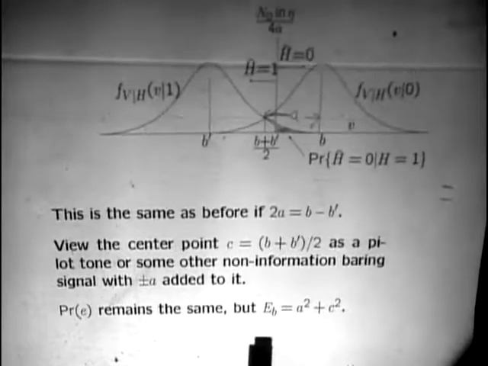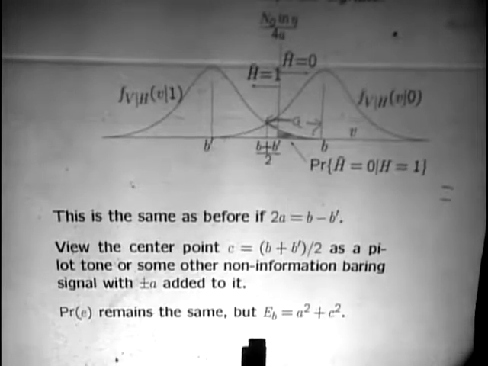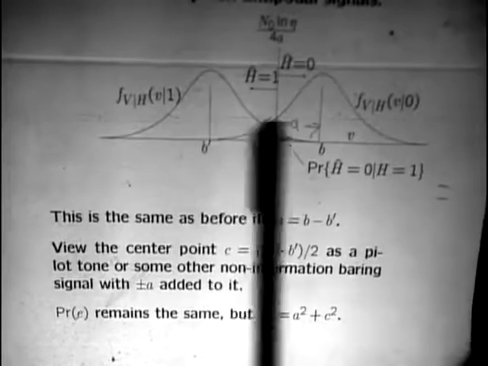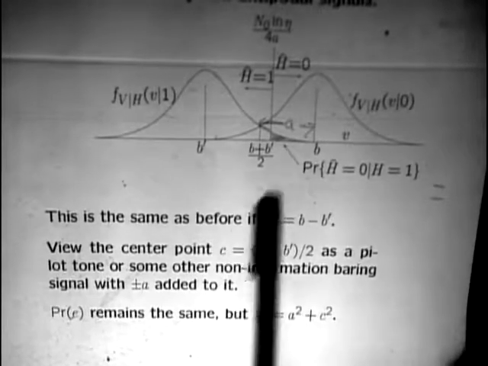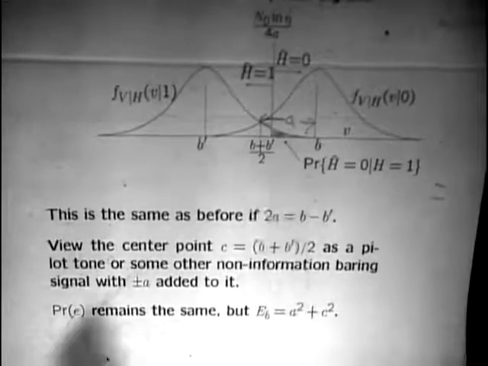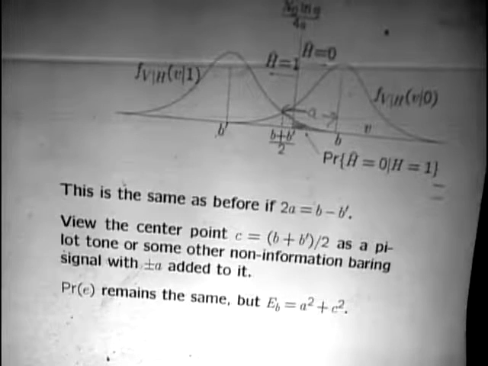The energy per bit now changes. The energy per bit is the energy here plus the energy here, which in fact is the energy in the center point plus a squared. Okay, we've done that in a number of contexts. The way to find the energy in a binary random variable is to take the energy in the center point plus the energy in the difference. It's the same as finding the fluctuation plus the square of the mean.